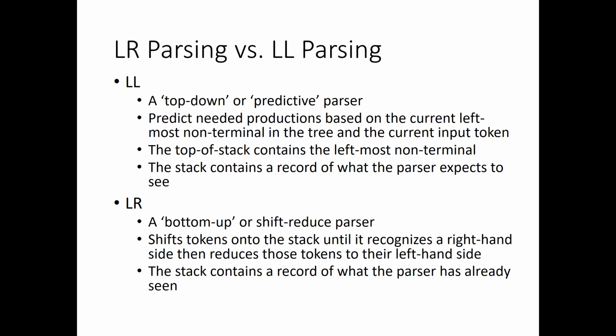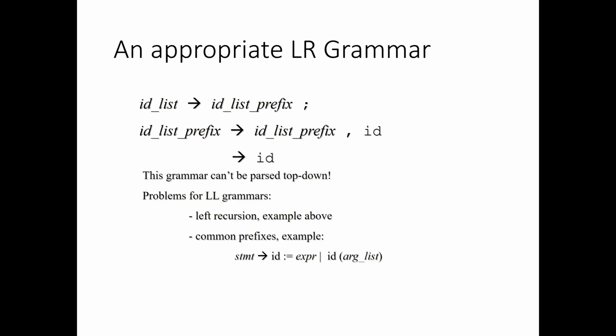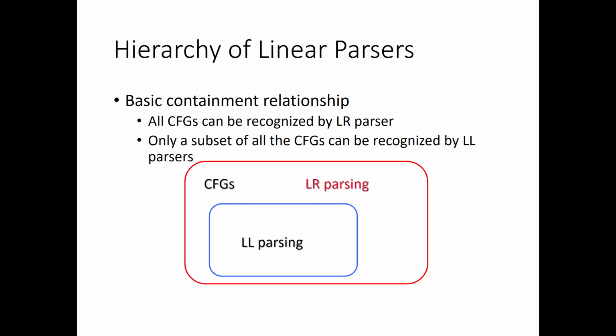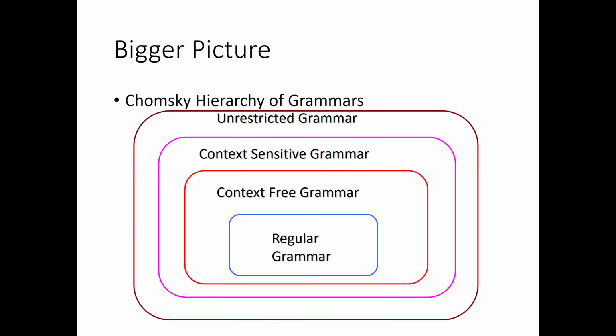The stack contains a record of what the parser has already seen. Here is the hierarchy for the linear parsers: among context-free grammars, the linear parsers are LR parsing, and inside that is LL parsing. Only a subset of all context-free grammars can be recognized by an LL parser.